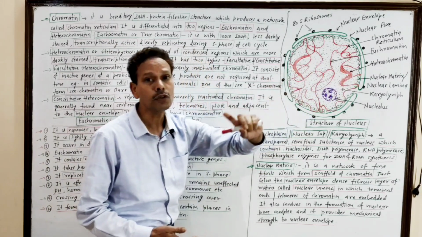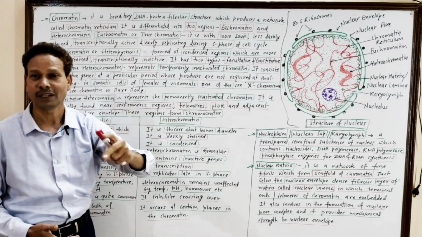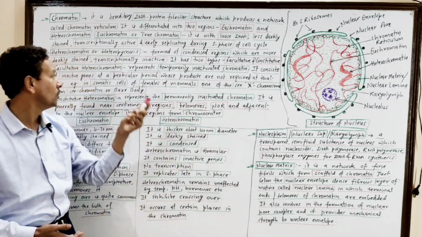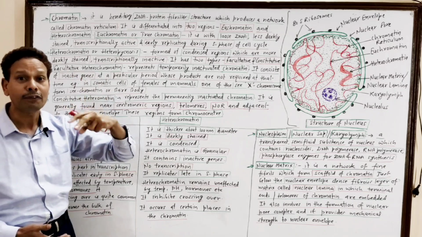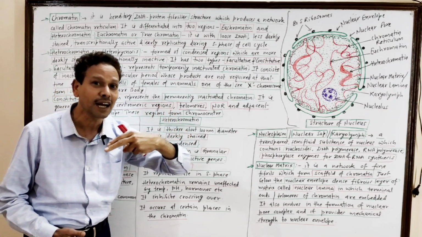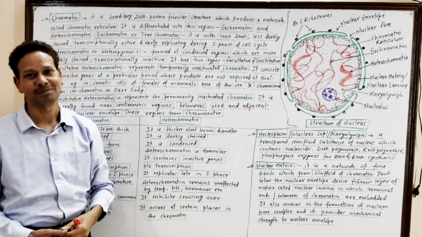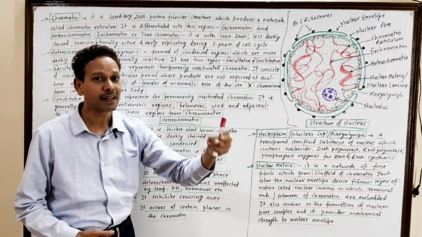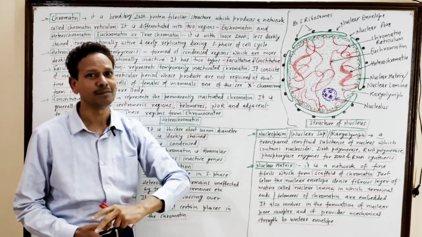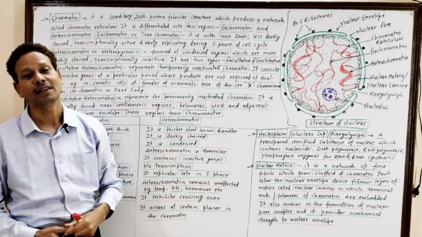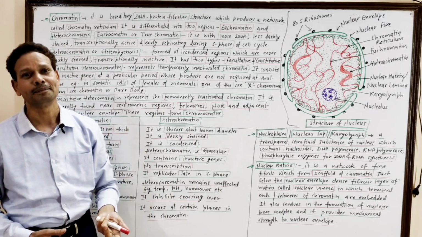Now note down, heterochromatin is further divided into two forms. One is facultative. Facultative means it undergoes changes, it represents temporarily inactivated chromatin.